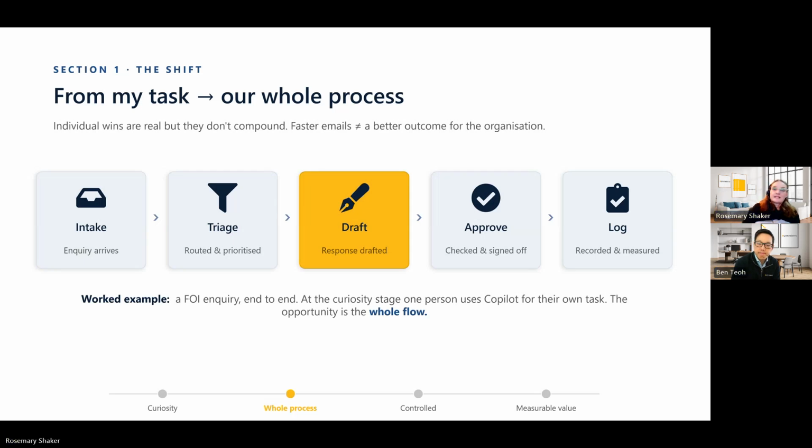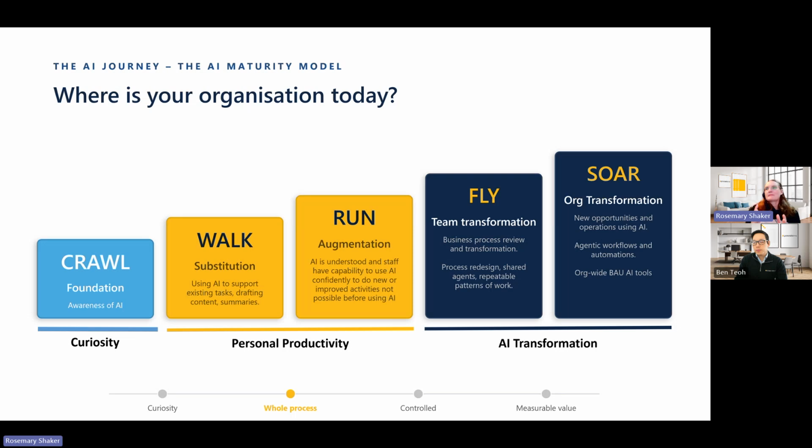Yep, fantastic. And then we also need to look at where we are as an organisation in terms of our AI maturity. And so we've kind of mapped this out. I guess Ben and I both have change management backgrounds, so we tend to talk in change language. So anyone who's come from a change background will understand this crawl, walk, run, fly, soar methodology that we talk of.